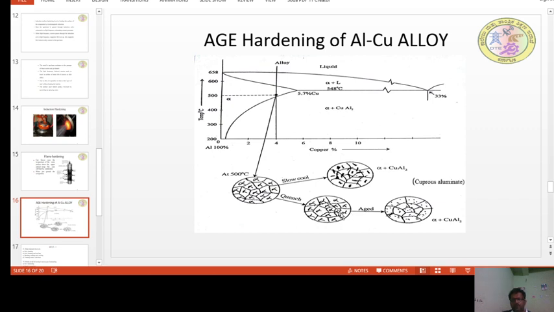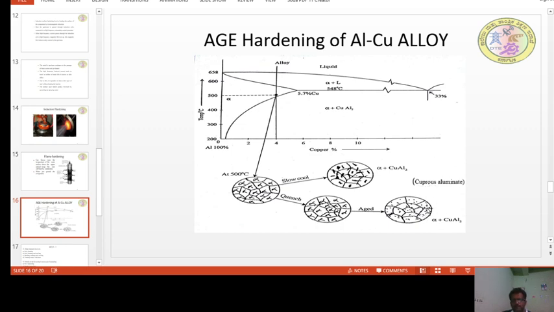So the copper, in combining with aluminum, comes out as cuprous aluminate precipitates.